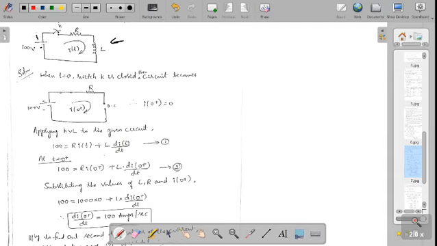So this is your minus and this is your plus. The short line will be considered negative, and the long line will be considered positive. We start from here. The starting element is minus, so I take minus 100, plus the voltage across the resistor, which would be R into I of t, plus the voltage across the inductor, which would be L into di of t divided by dt, equal to 0.